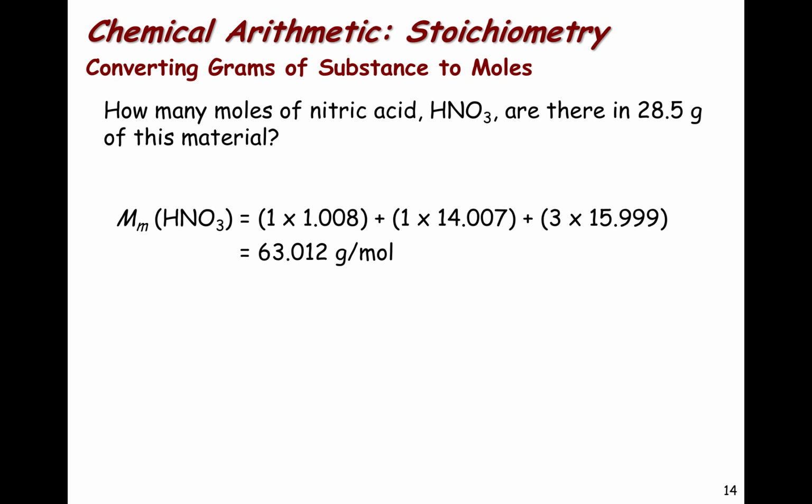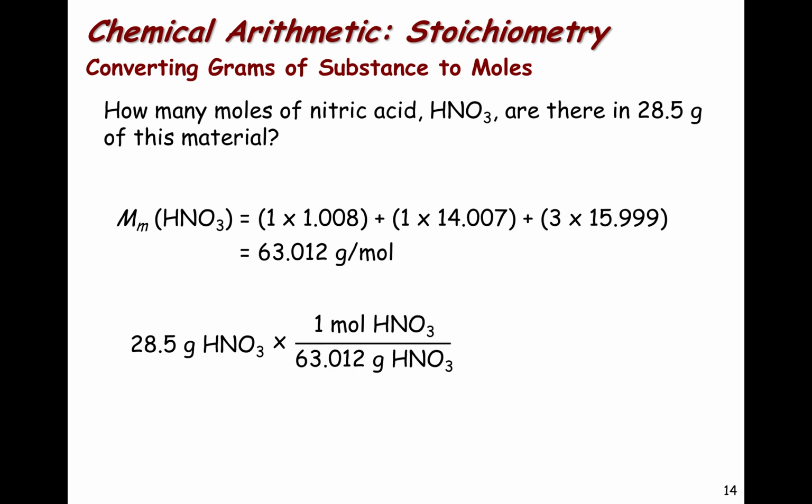We start with the 28.5 grams given in the problem. We're going to multiply by the conversion factor that is going to cause the grams to cancel, so the grams need to be in the denominator.